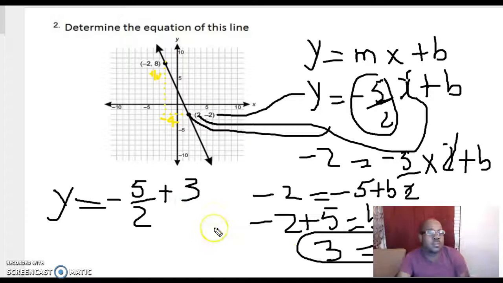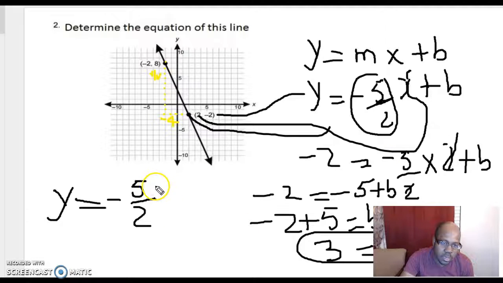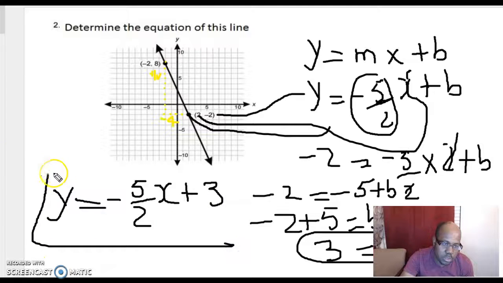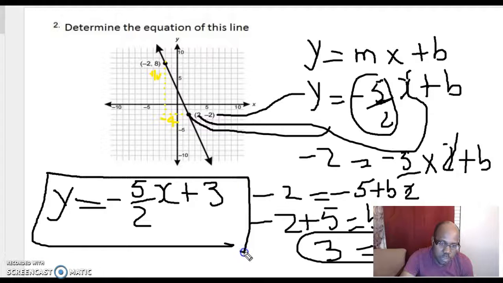There you go. It's really easy. Excuse me, I need to put the x. So minus 5 over 2 x plus b, which is plus 3. There you go. That's the equation of this line.